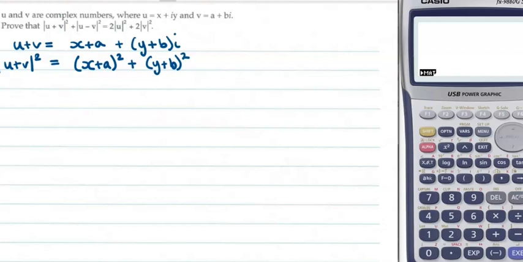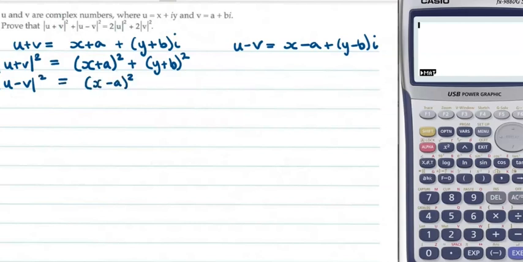Okay, now u minus v. Actually, I'll write that just over the side here. So u minus v would be x minus a plus y minus b i. So then the modulus of u minus v squared will be x minus a squared plus y minus b squared.